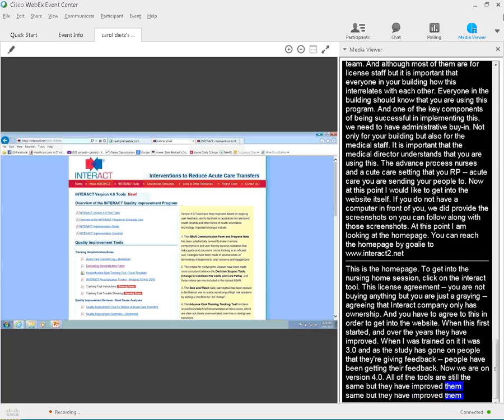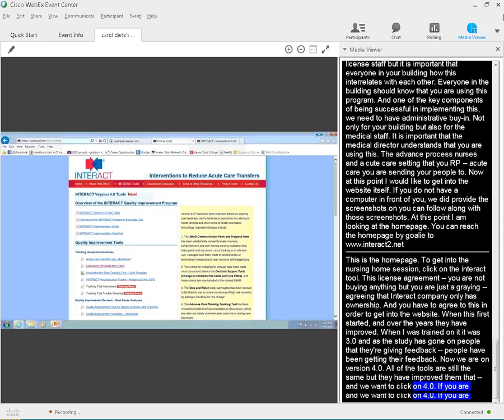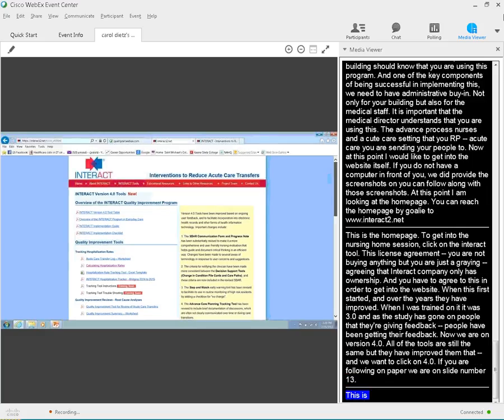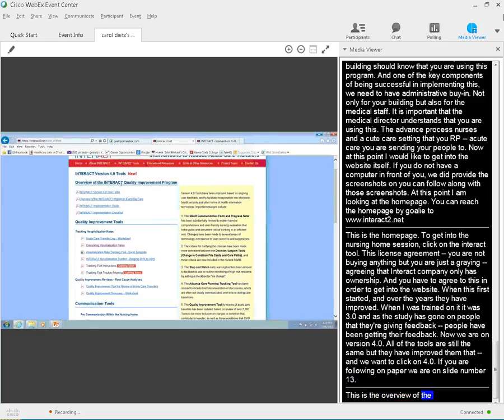So if you're following on paper, you should be on slide number 13. So this is the overview of the whole site. It gives you overview of the Interact Quality Improvement Program.